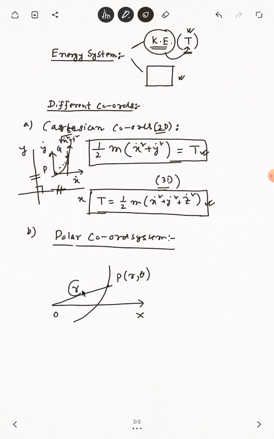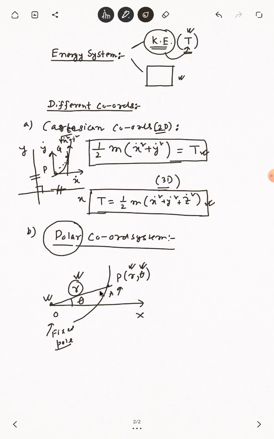This is r, the distance from a particular fixed point. This O is fixed, called the pole. From its name comes polar. From the pole its distance is r, and as it moves from here, A, to P upward, it describes a particular angle that is denoted as theta. So this theta is an angle and this r is a distance.